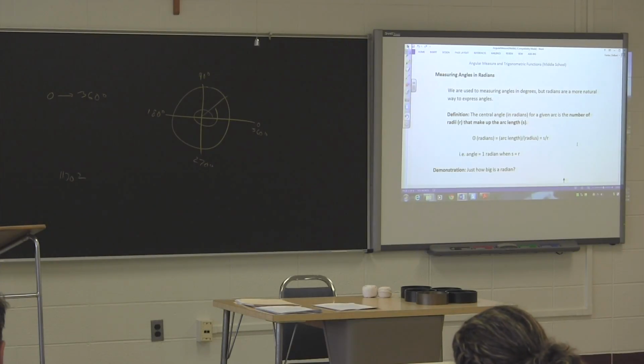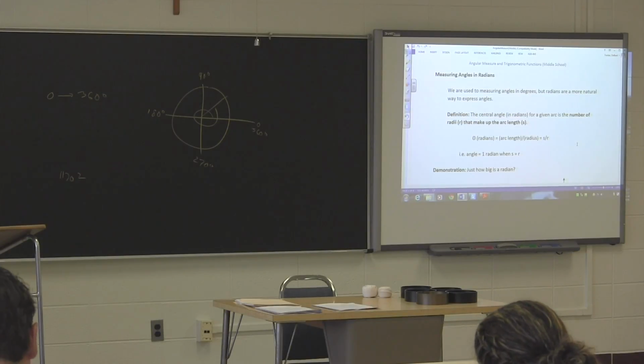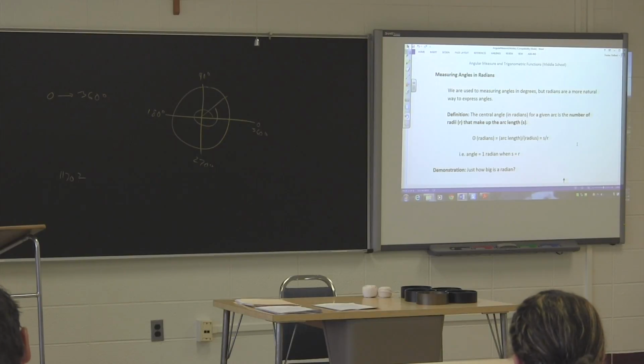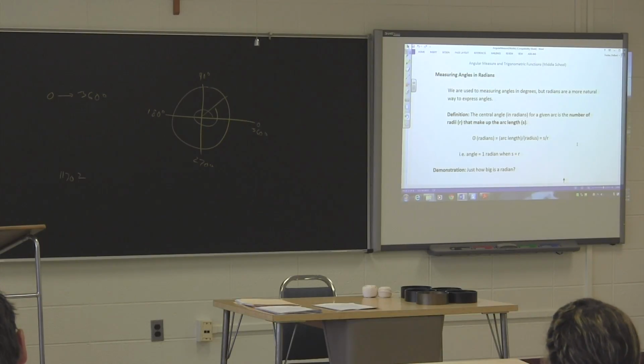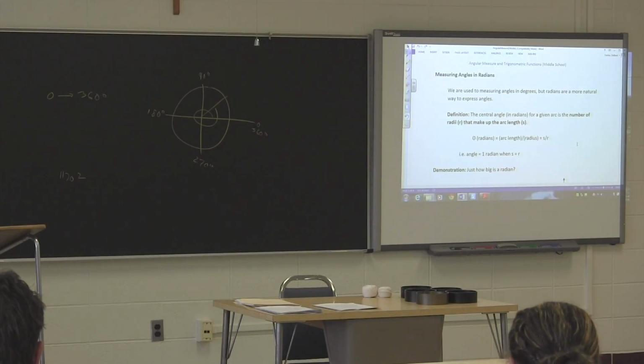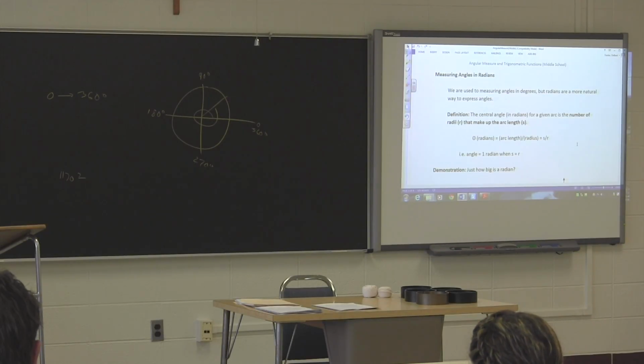What we mean by a radian is the following. Suppose we took our circle, and it has a radius. And suppose we took that radius and we stretched it around the circle as far as it would go. You can see that the radius of this circle is about that far. So if I took it and started stretching it around, it might end up somewhere like here.